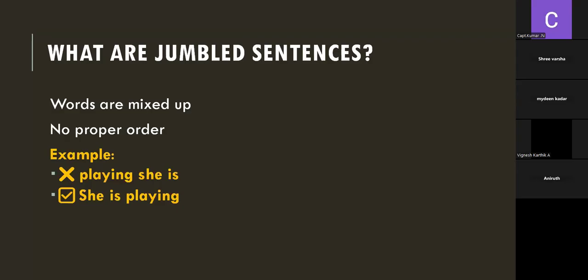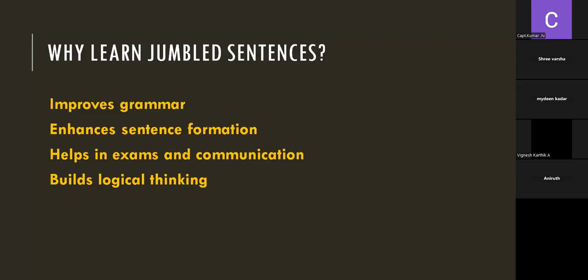We'll move to another section, that is why learn jumbled sentences. Here I gave you four points. That is improves grammar. Second one, enhances sentence formation. Third, helps in exams and communication. Fourth, builds logical thinking.